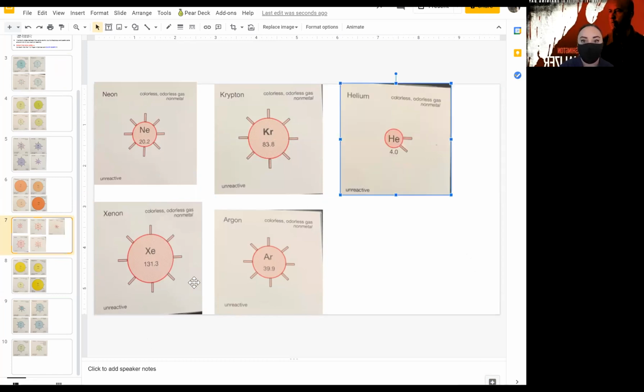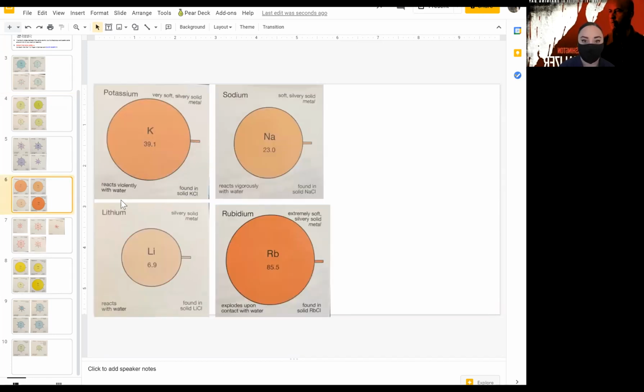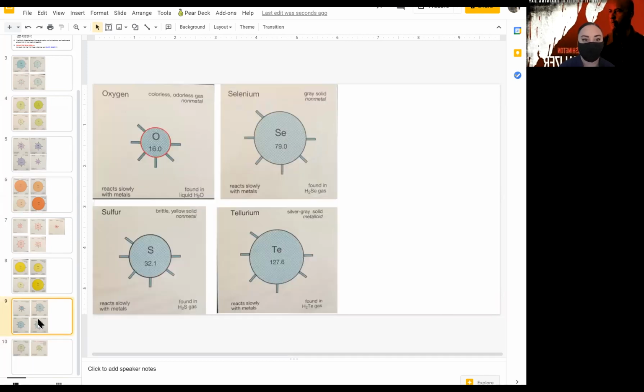They're all unreactive. They're also all colorless, odorless. They're all gases and nonmetals. So now if I look at the groups, I should notice similarities within the groups. Type of gases within, if they're a metal, non-metal, properties like that. They react with water or oxygen, okay?